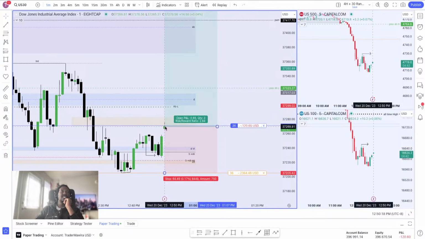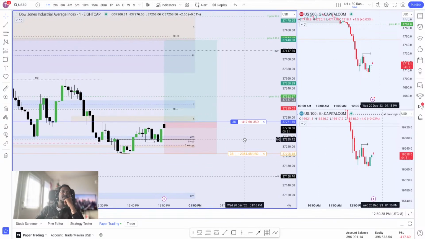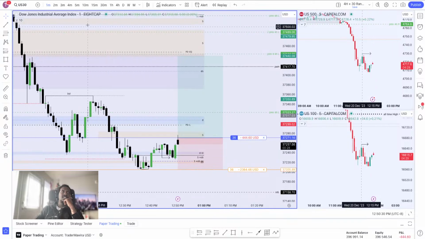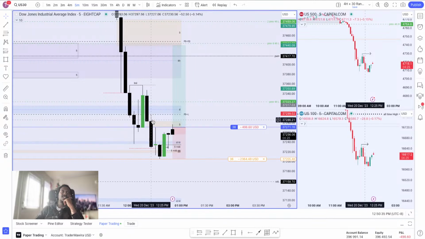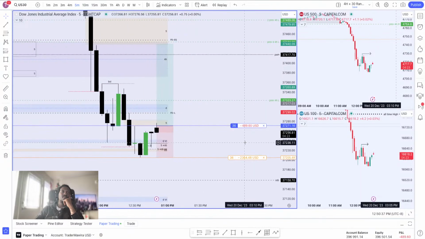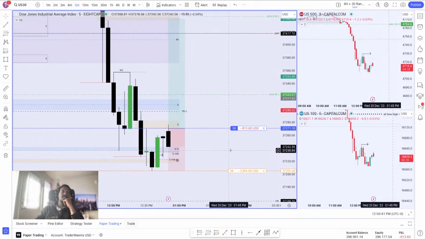If I'm buying, I want to see price gapping up, and preferably if they don't close those gaps, just leave them open. In this case, remember we had that 5 minute fair value gap just right there. So let's see, and we're now remaining below it. Bruh.